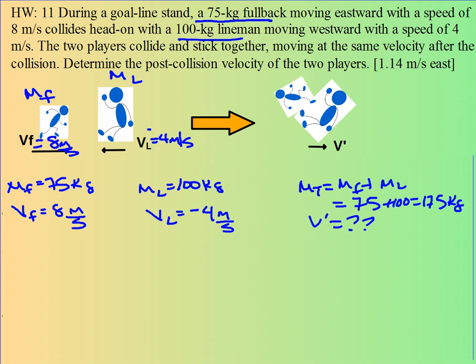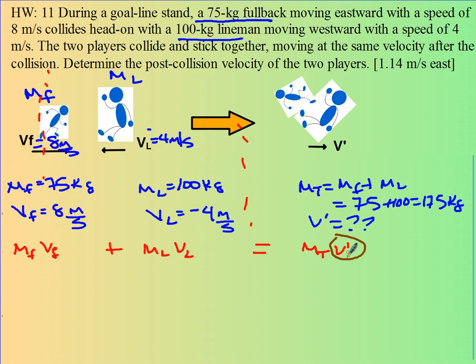Now, let's write our conservation of momentum law. Mass times velocity, mass of the fullback times velocity of the fullback, plus mass of the lineman times velocity of the lineman. This always means equals the mass total times v prime. Now I'm going to write it this way. We want to find their final velocity. So now what we've got to do is solve for final velocity.